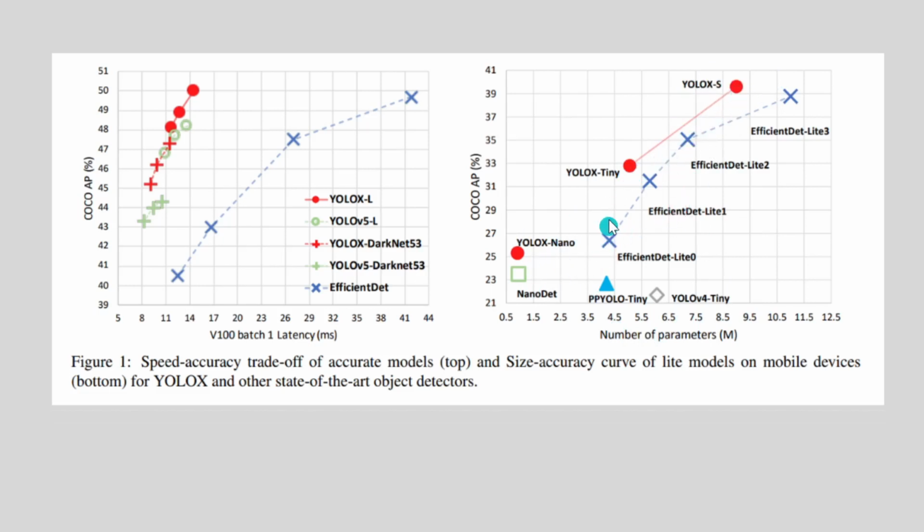But in all the cases, the average precision is higher than the EfficientDet and the PP-YOLO tiny model. This is just a comparison between the smaller versions of the model for YOLOX and EfficientDet as compared to the YOLOv4 tiny model.